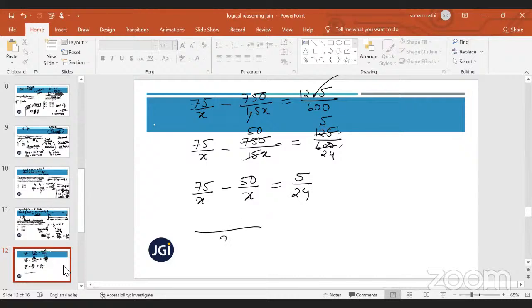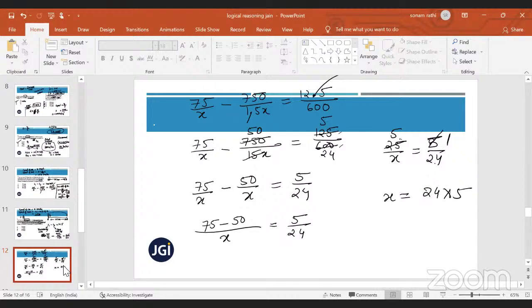Take LCM, it will be x. 75 minus 50 upon x is equal to 5 upon 24. That is 25 upon x is equal to 5 upon 24. X is equal to 5 fives are 25, 24 into 5. X is equal to 120.